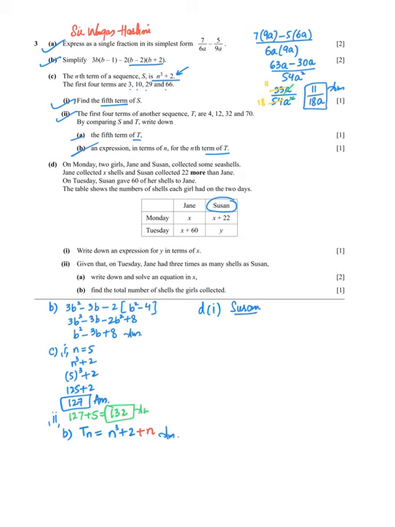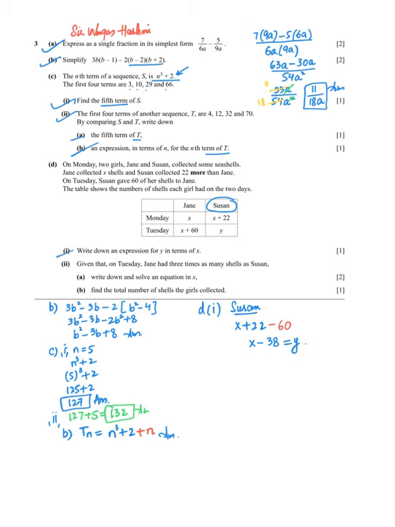On Monday she has x plus 22, but on Tuesday she gives 60 of her shells. So what portion has been left? That will be x minus 38. So that is the value of y for Susan on Tuesday.